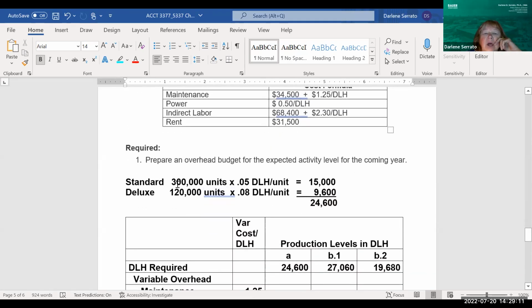So 300,000 units times 0.05 direct labor hours per unit gives us 15,000 direct labor hours. 12,000 units times 0.08 direct labor hours per unit gives us 9,600 direct labor hours. So the total number of direct labor hours is 24,600.